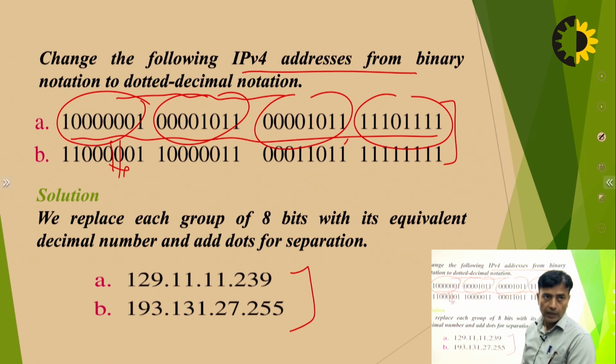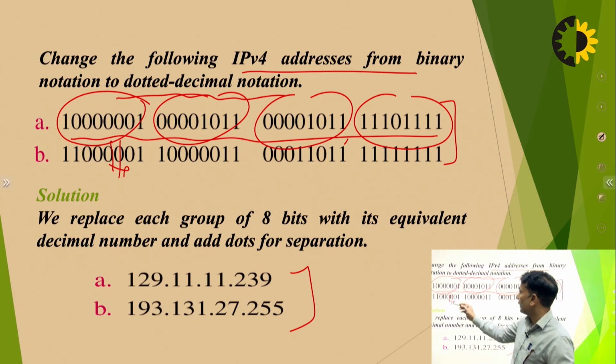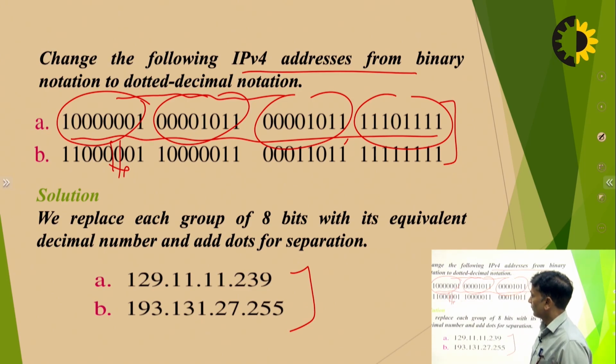So, tell me what is the decimal equivalent of this, 1, six times 0, then 1. Who can convert this into decimal? To convert to decimal, there is a very easy approach. We know that the binary number system is a weighted number system, and the decimal system is also a weighted number system. Each and every position has its own weight.